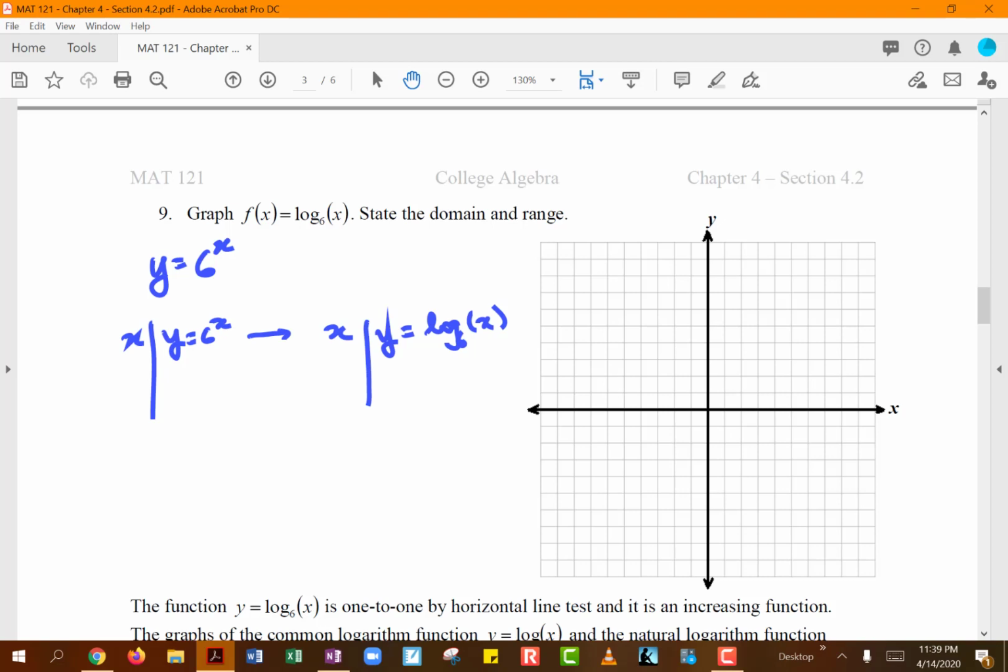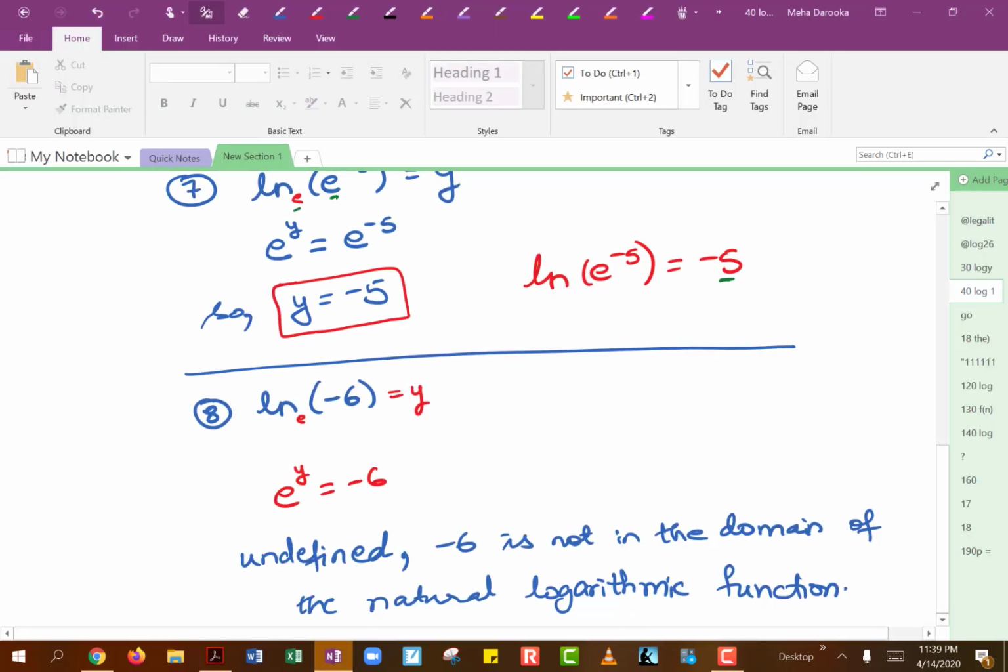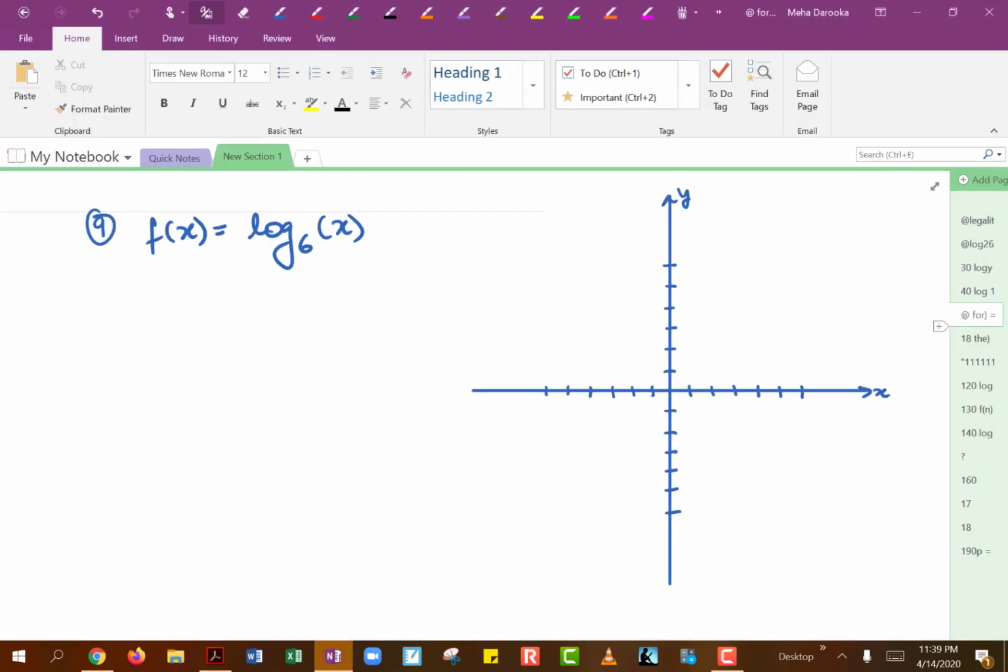So the first thing we are going to do is actually graph. Let's create a table for our exponential function. So we can use the values -2, -1, 0, 1, and 2 in this function over here.